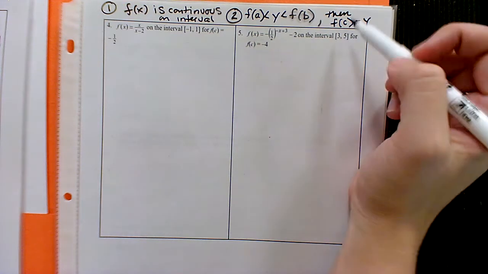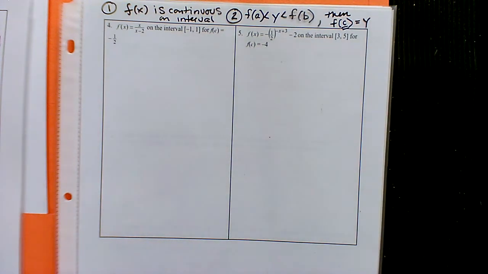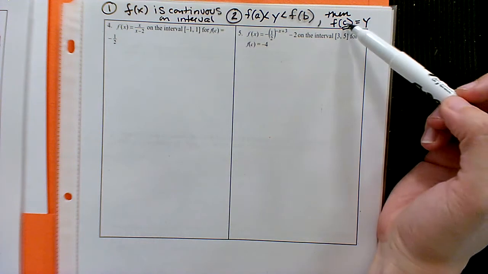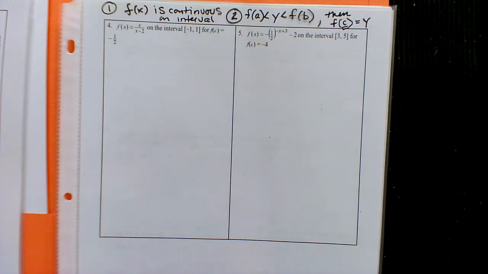You are guaranteed at least one of those values of c. There might be more than one x value that gives you the same y value, aka height. But we are guaranteed that. There's at least one. And if there is at least one, maybe we can try to find it.